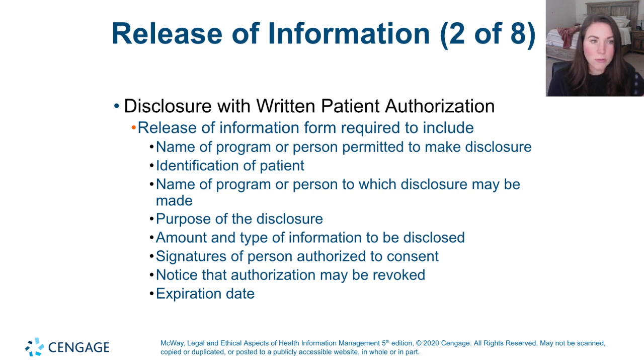For disclosure with written patient authorization, the release of information form has to have the name of the program or person that is allowed to make the disclosure, identification of the patient, name of the program or person that the disclosure can be made to, like who can receive the records, what's the purpose of the disclosure, the amount and type of information to be disclosed, so from this date to this date kind of thing.